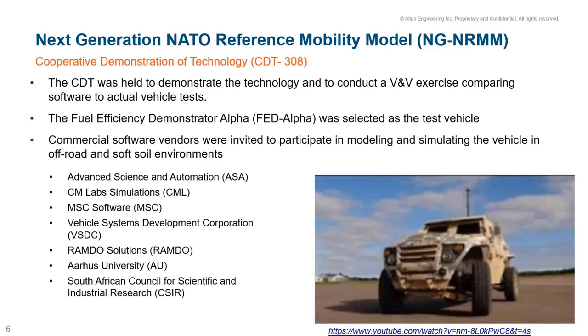And for that, they used the Fuel Efficient Demonstrator Alpha, which we call FED Alpha, that was selected as a test vehicle. So they invited commercial software to model and simulate this vehicle and study the effect of the vehicle mobility on soft soil terrains and on rigid terrains.